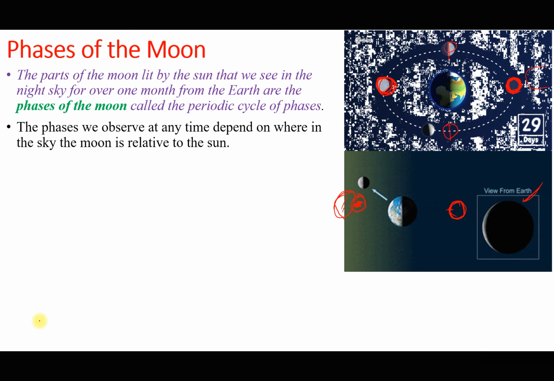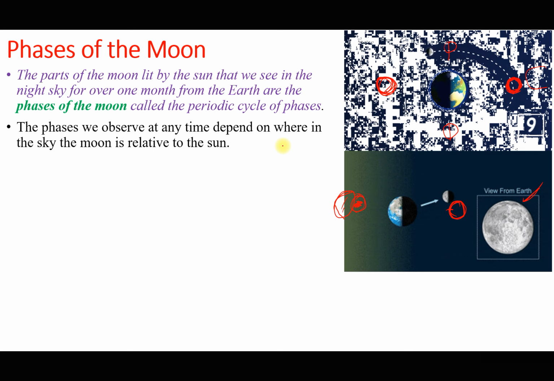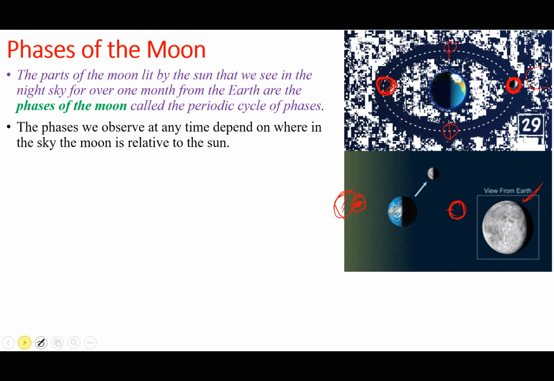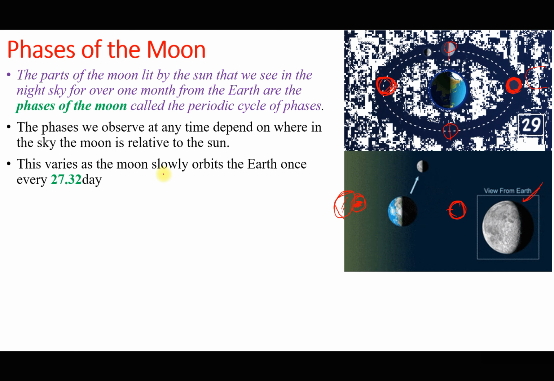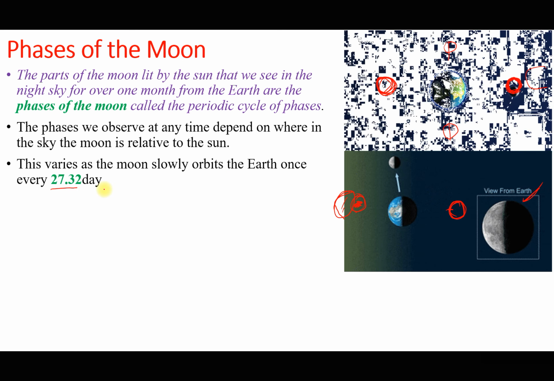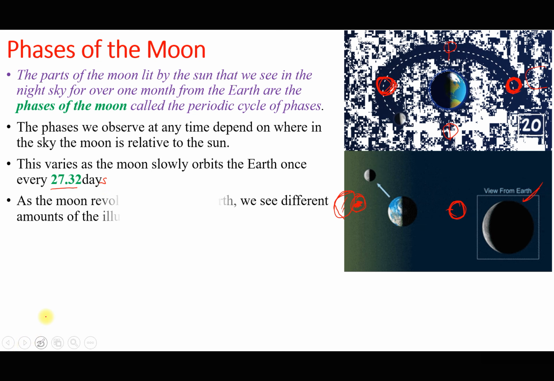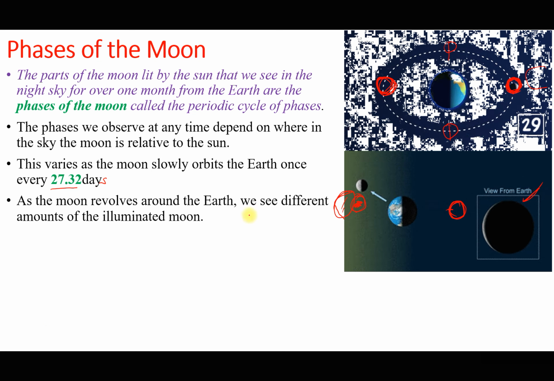So the phases we observe at any time depend on where in the sky the moon is relative to the sun. This varies as the moon slowly orbits the Earth once every about 27.3 days. And as the moon revolves around the Earth, we see different amounts of the illuminated moon.